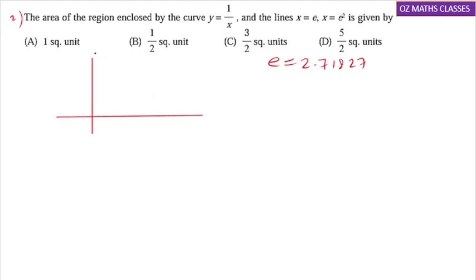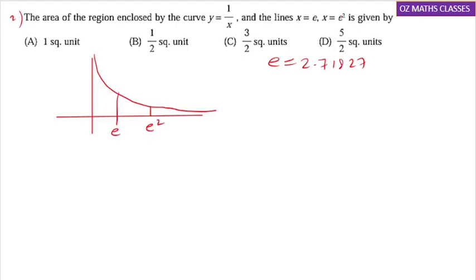If you draw the graph of 1 by x, from x equal to e to e square.